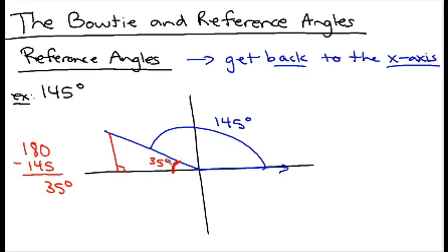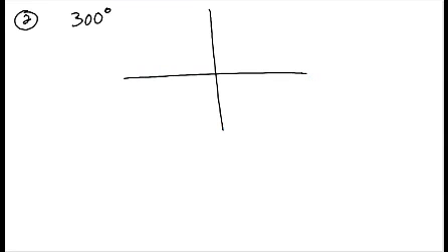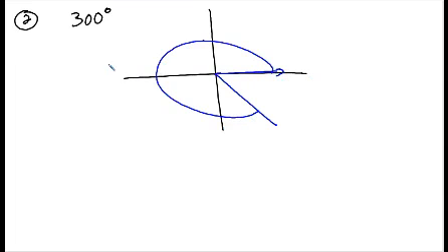So if I had, let's say, as our second example, an angle that was 300 degrees. Well, a 300 degree angle starts here, comes all the way around to here like that. That's my 300 degree angle.